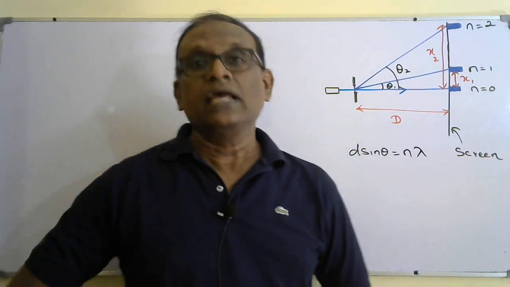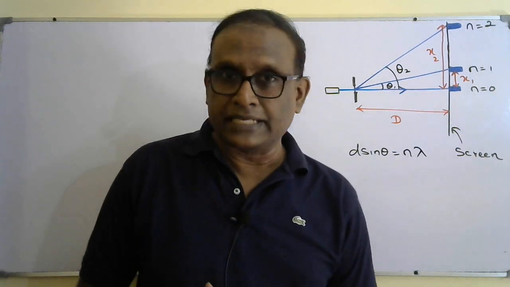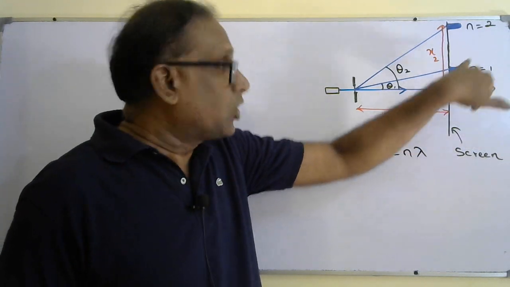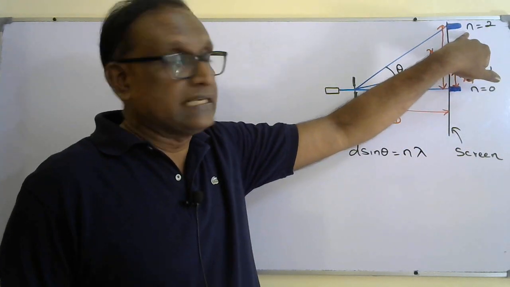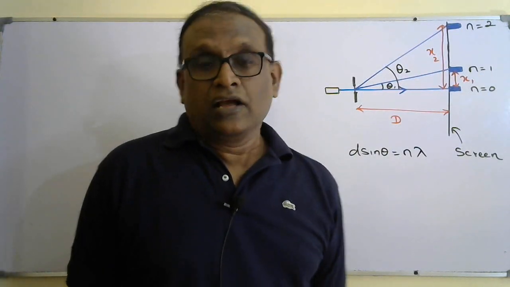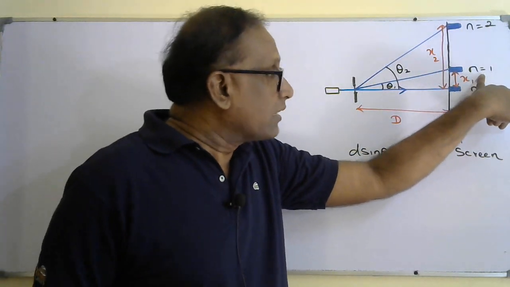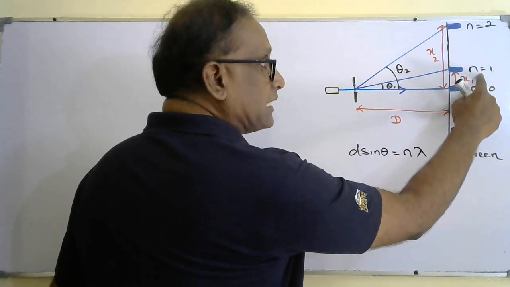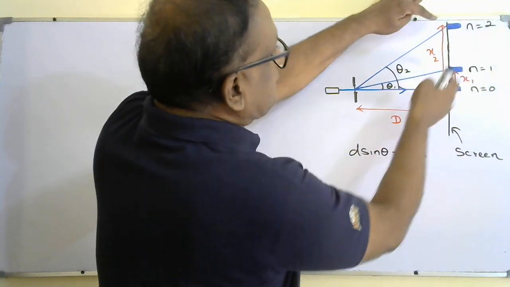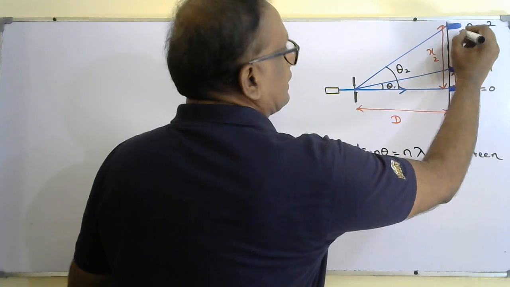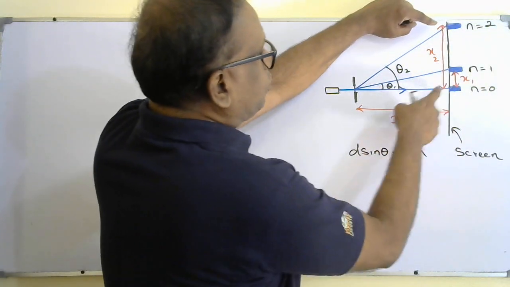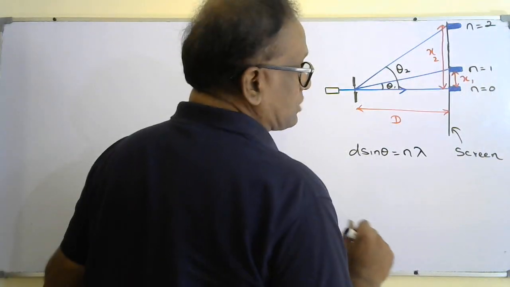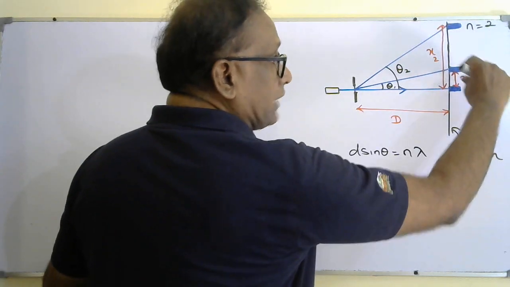What actually happens is better to know, because it could be a statement in the MCQ. The distance from the 0th order to the first order to the second order increases. If I say the distance from the 0th order to the first order is x1, and the distance from the first order to the second order is x2 minus x1, where x2 is the distance from the 0th order to the second order, then that gap will be more than x1.